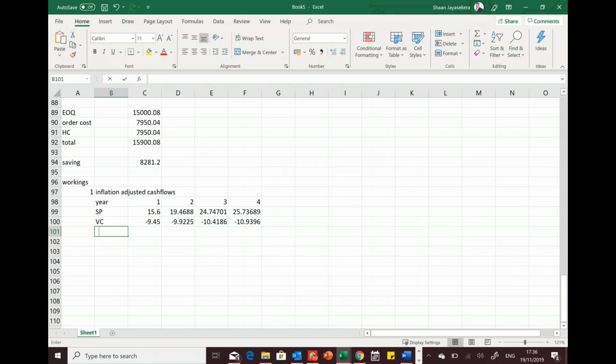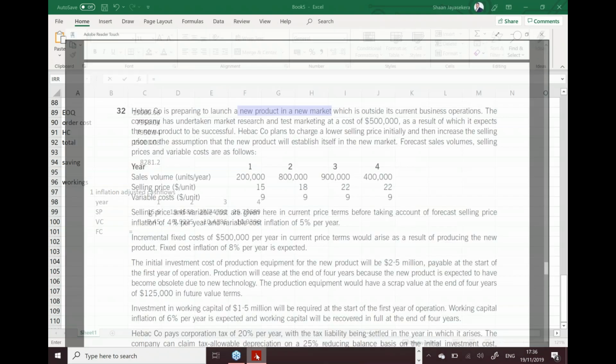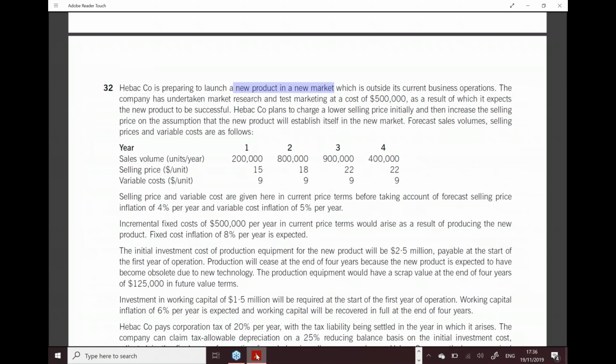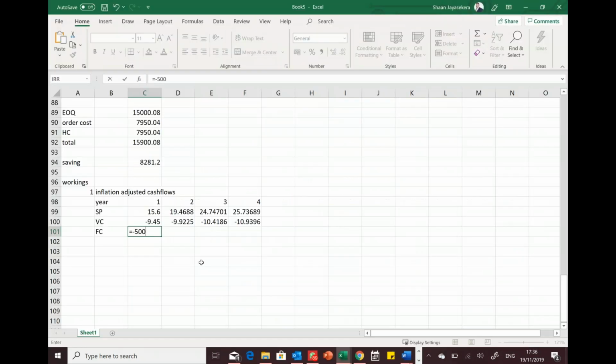Also fixed cost, incremental fixed cost. So the incremental fixed cost every year is 500,000 and that is 8%. So that is minus 500,000 into 1.08 to the power of, in this case, 1.